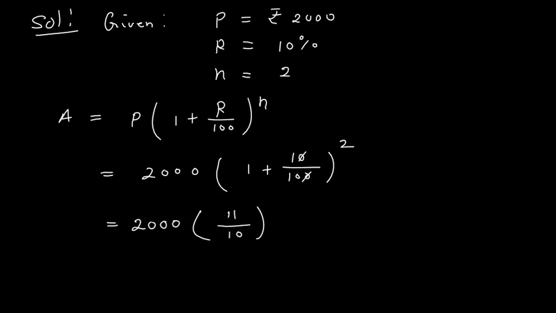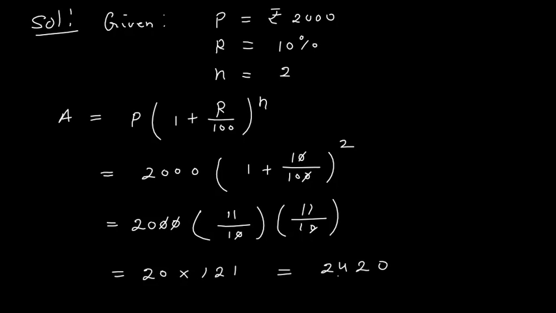So 11 upon 10 square means 11 upon 10 into 11 upon 10. 0, 0 will cancel. So it is 20 multiplied by 11 into 11. 11 into 11 is 121. So 121 into 20 is 2420, the total amount.